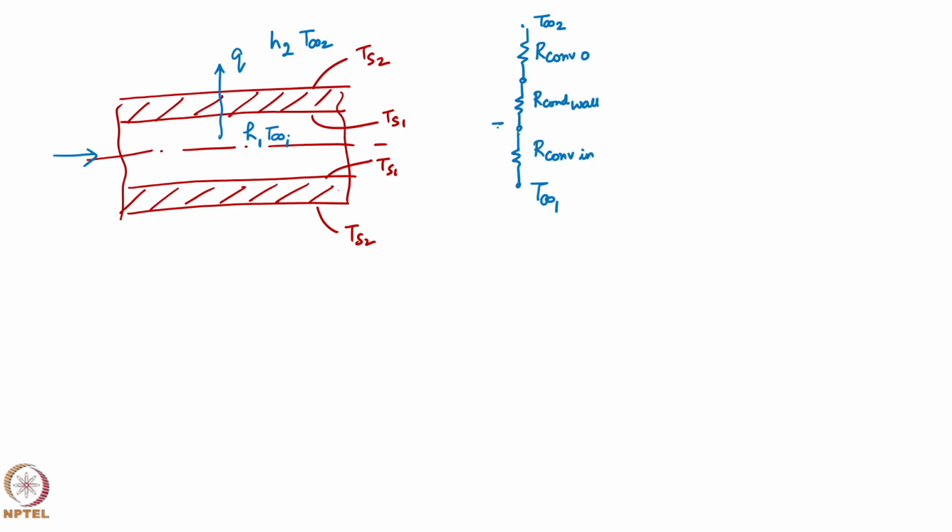Three resistances, and we want to find out what these are. This is nothing but 1 over h2 A2, and this is 1 over h1 A1, inside or outside, whatever.